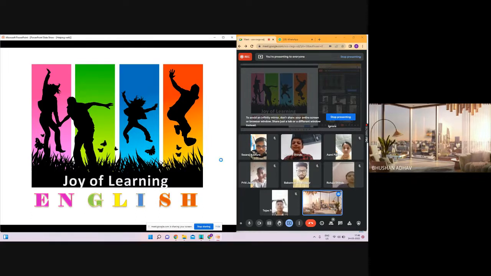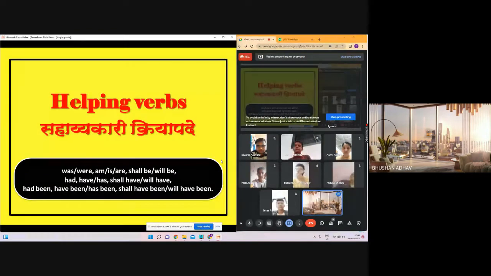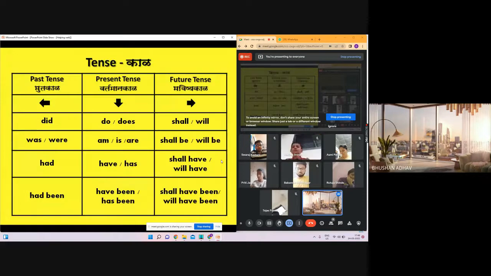So today we are going to have a discussion about a fundamental area, that is, helping verbs. What is a helping verb? Basically, overall in the English language, there are 22 helping verbs, which are also called normal auxiliary, to be form, or supporting verbs. So which are those? Did, was, were, had, and had been.